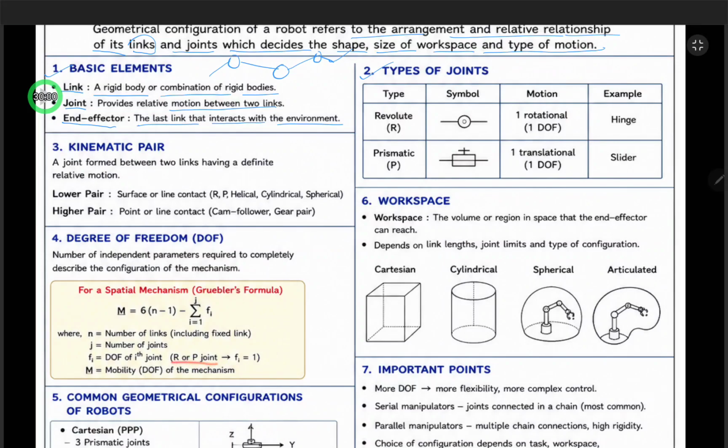An R or P joint has degree of freedom 1, as we have seen in the previous lecture. So m is the mobility of the mechanism, or the total DOF of the mechanism.